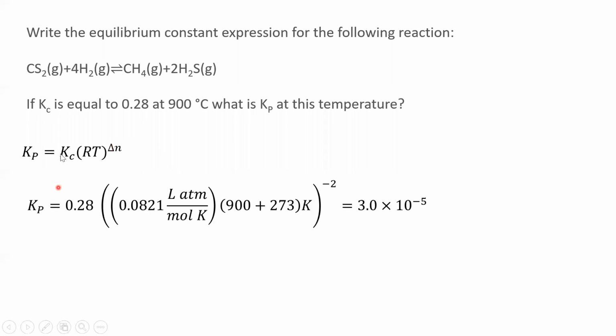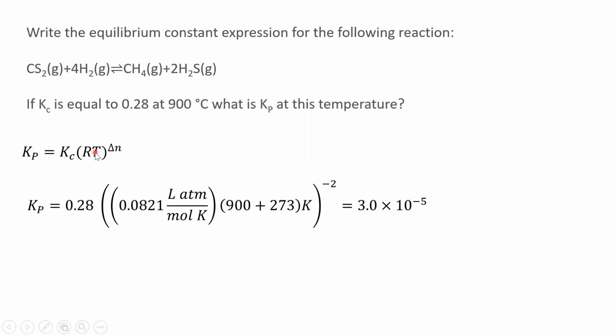So Kc was given to us in the question. So we would plug in 0.28. There are no units, so just 0.28. For R, we're going to use 0.0821.